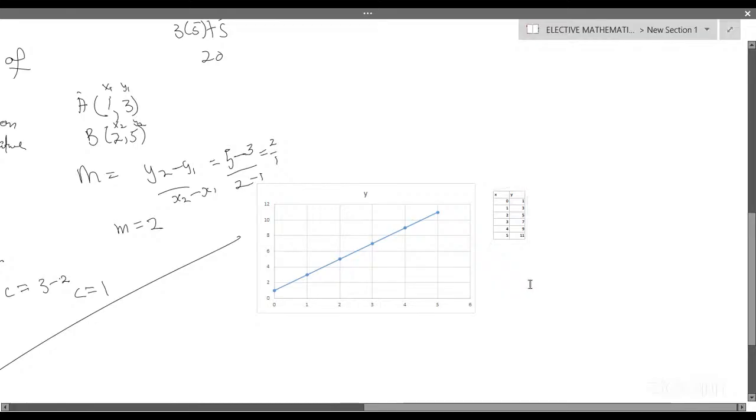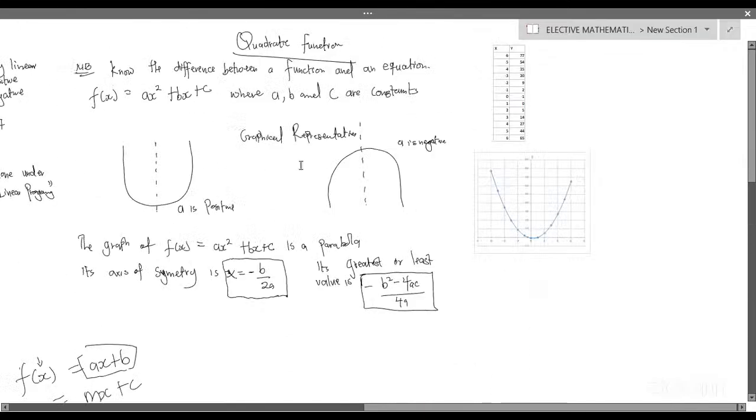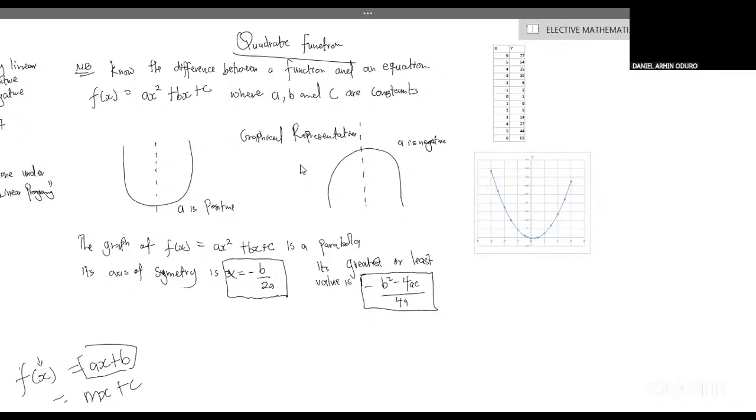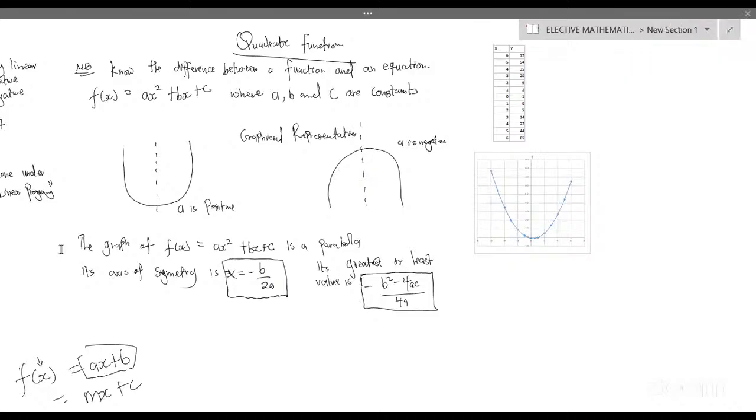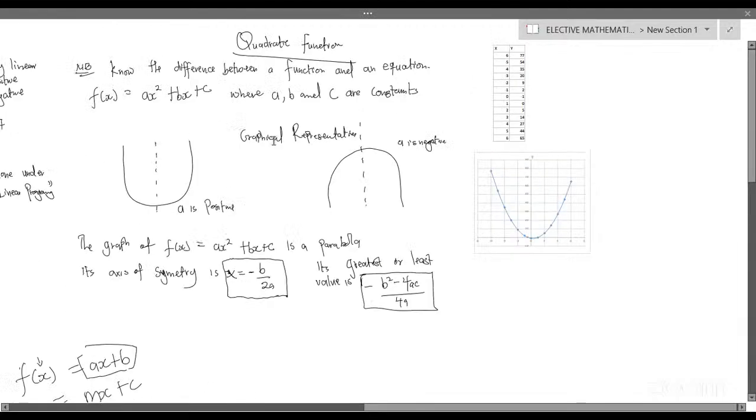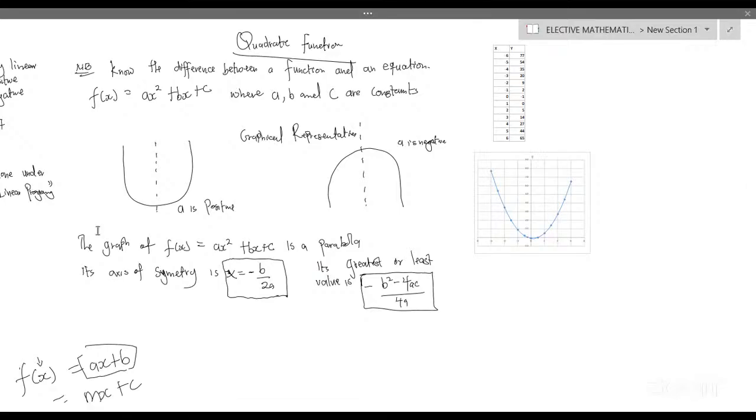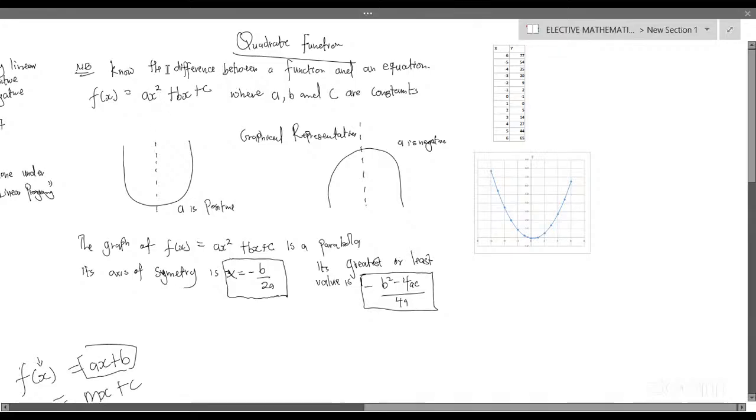All right, so let's look at the quadratic function. Now, with the linear function, we were talking about straight lines, right? Here we are going to talk about curved lines, also known as a quadratic function. You have to know the difference between a function and an equation, as I've said already.